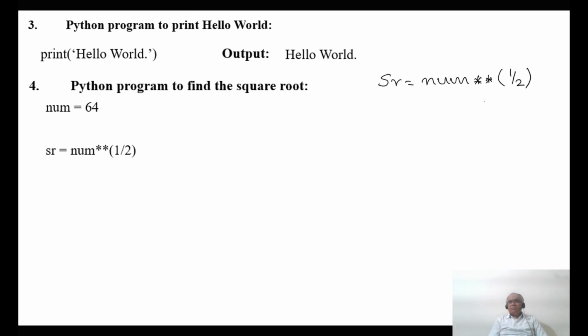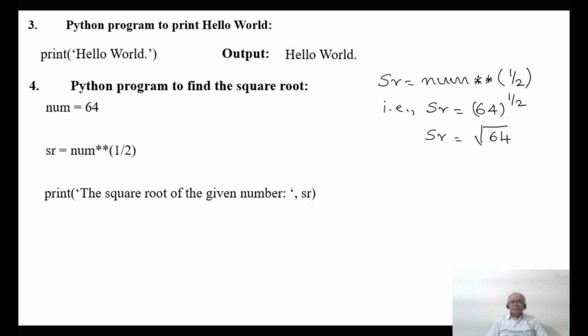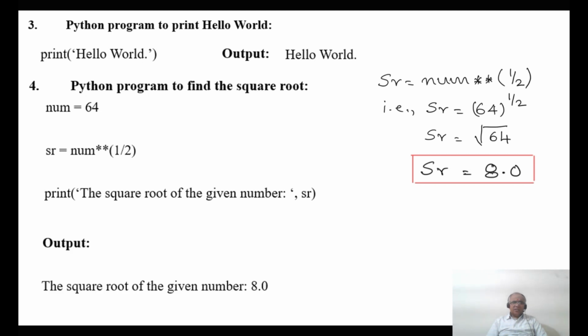That is, 64 to the power of half. So the value is 8. The square root of the given number, SR, will be equal to 8.0.